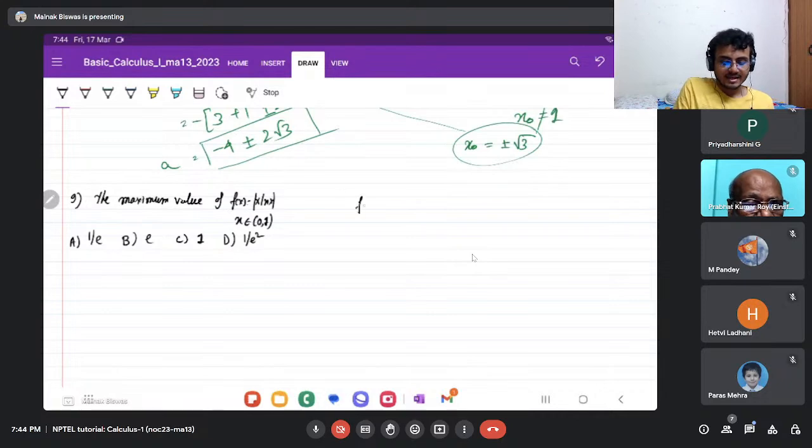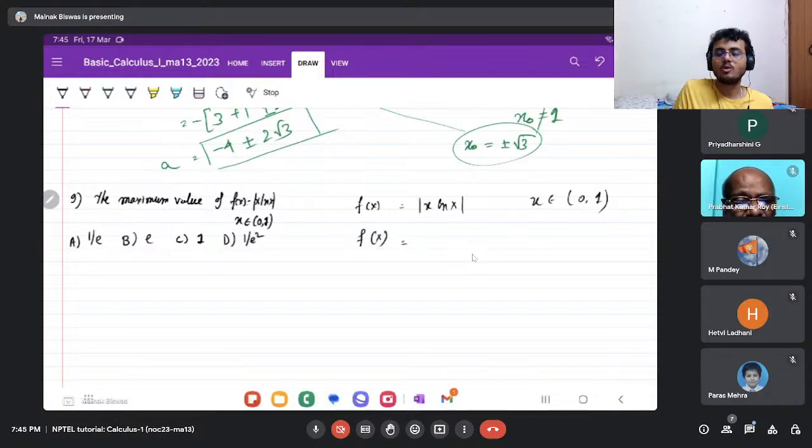So f of x is said to be x log x, or natural logarithm of x. So x is between 0 and 1, right? Correct? Next, so f of x between 0 and 1, if I open the mod, what will be the value? Can anyone tell me?